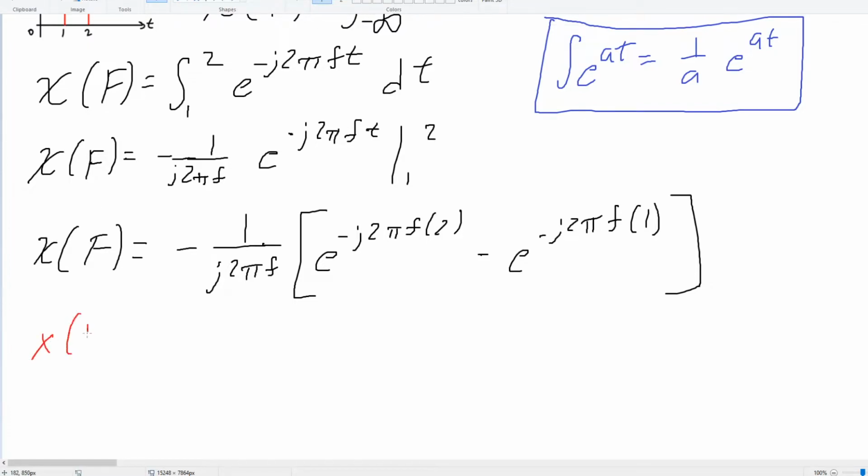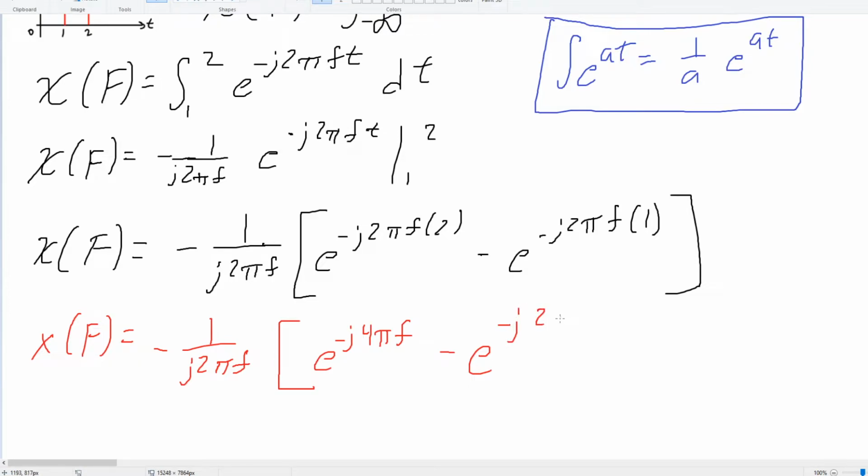So X(f) is equal to negative 1 over j 2 pi f times e to the negative j 4 pi f, because 2 times 2 is 4, minus e to the negative j 2 pi f, because 2 times 1 is 2. Alright, and this would be the answer to this type of problem.